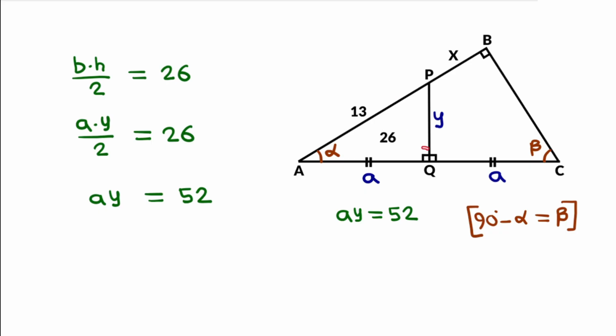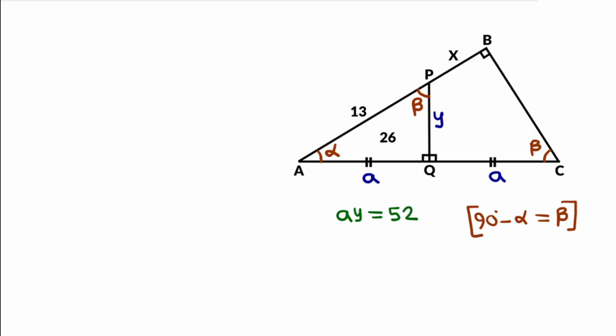It already has a 90-degree angle at Q, and it shares angle alpha at A. So the remaining angle at P must also be beta. Which means the small triangle and the large triangle have exactly the same 3 angles. So the triangles are similar. And once triangles are similar, the side ratios line up beautifully.